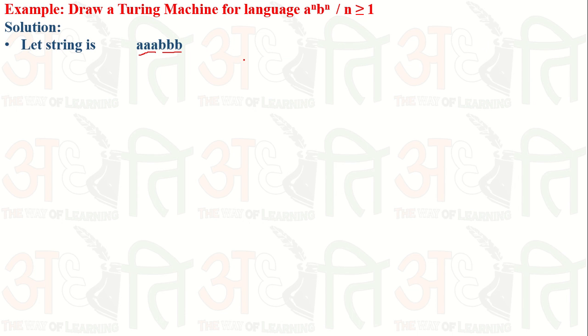Before going further, I have to give you a general idea about the Turing machine. Suppose there is a box with lots of pencils, say 3 or 4 pencils, and another box with erasers, say 4 erasers.